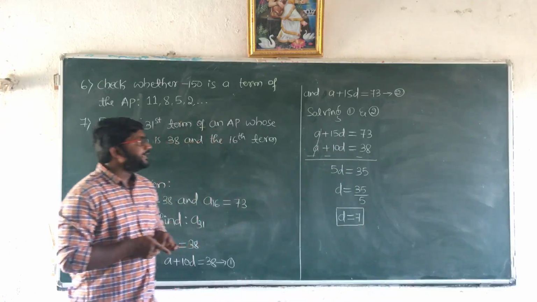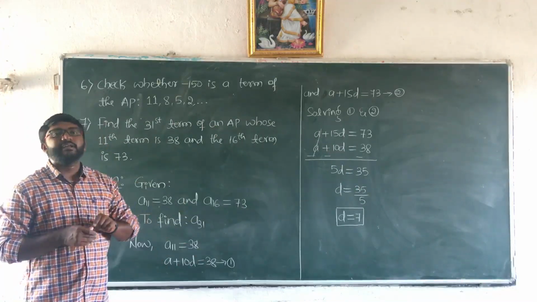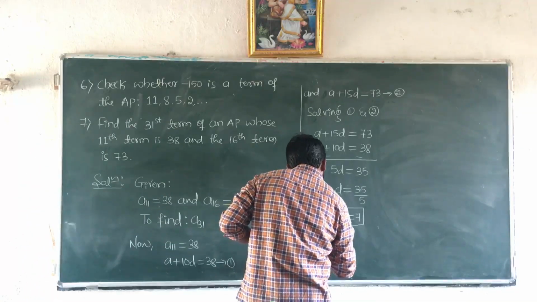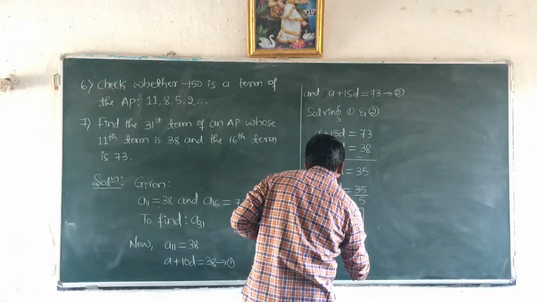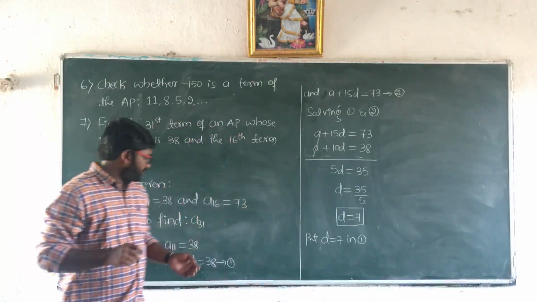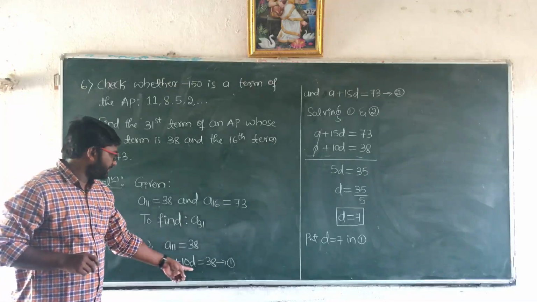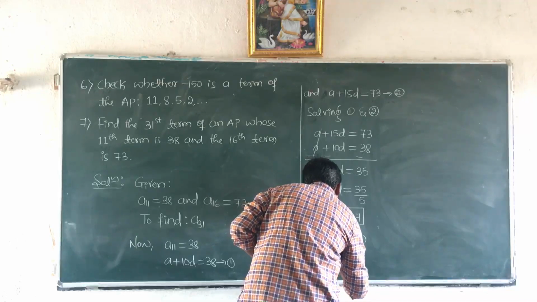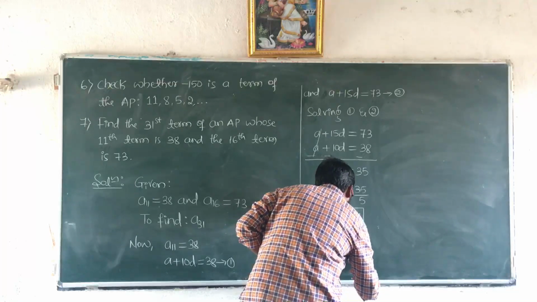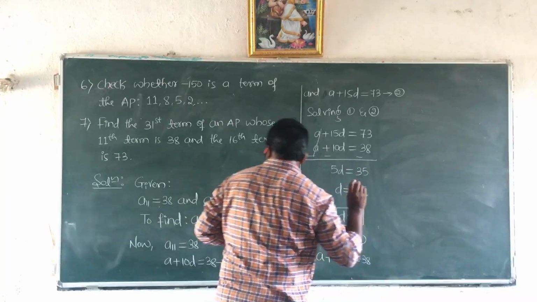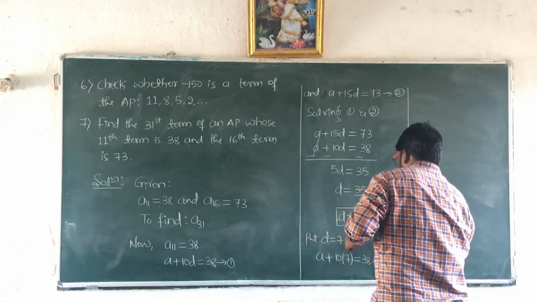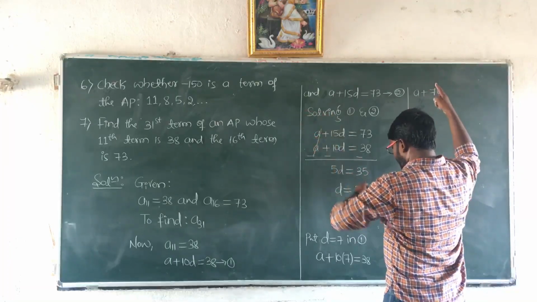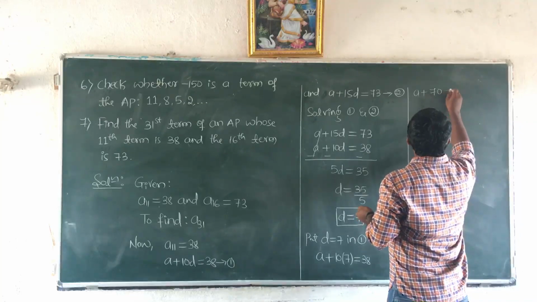Now substitute D equal to 7 in any one of the equations, we get the value of A. That is the first term. Put D equal to 7 in equation number 1. So this is our equation number 1. Let us substitute D as 7. So A plus 10 into 7 is equal to 38.